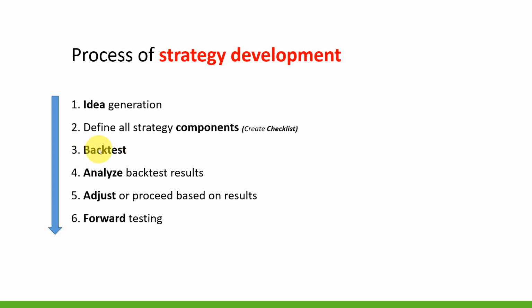Then we're going to analyze the results to estimate, is the strategy idea profitable? Even if it's not profitable, can we improve it? That is the next step, the adjustment process. So we're going to take a look at the results and then adjust it to make it hopefully more profitable. And then if we have found a strategy that is profitable in a backtest, we can forward test it, which means we will take it to the live markets, preferably first on demo.